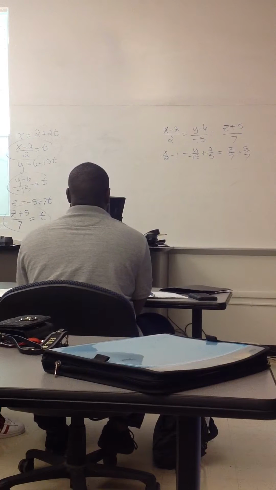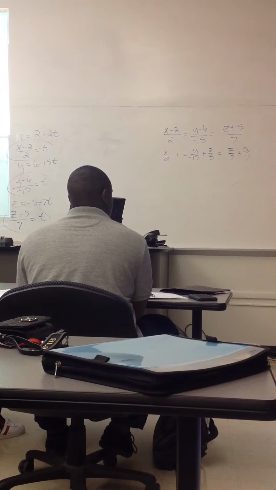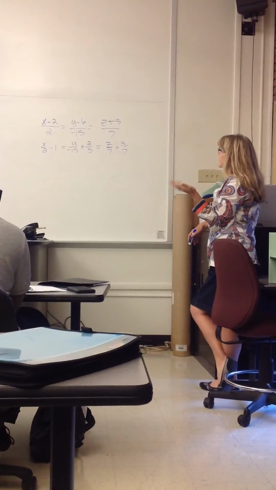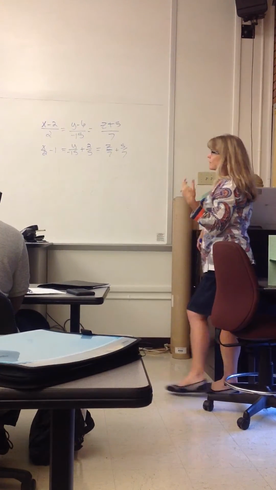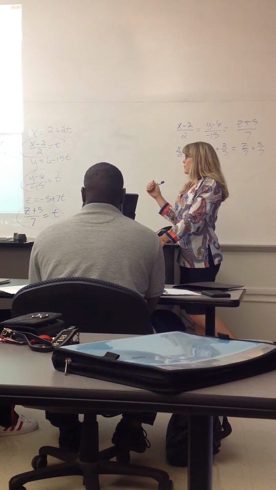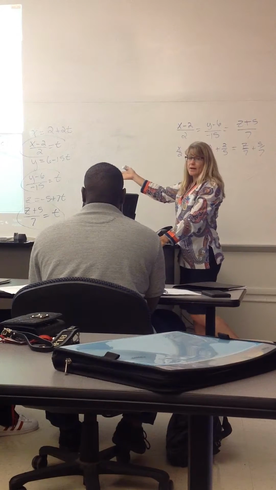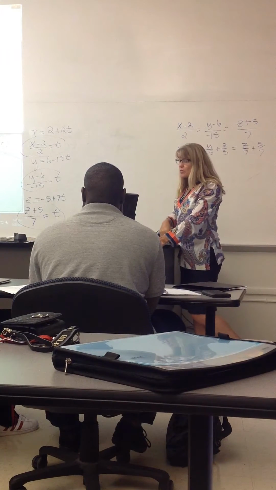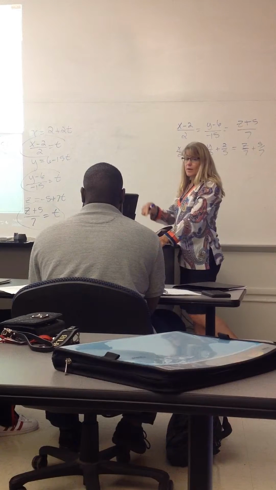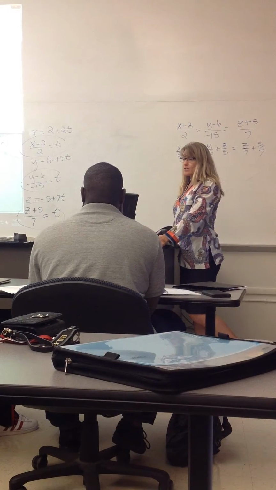So what do I mean by that? Well, let's say you have this parametric form. Plug 1 in for t and just see what point you get. See if it's possible to get that same point with somebody else's equation.